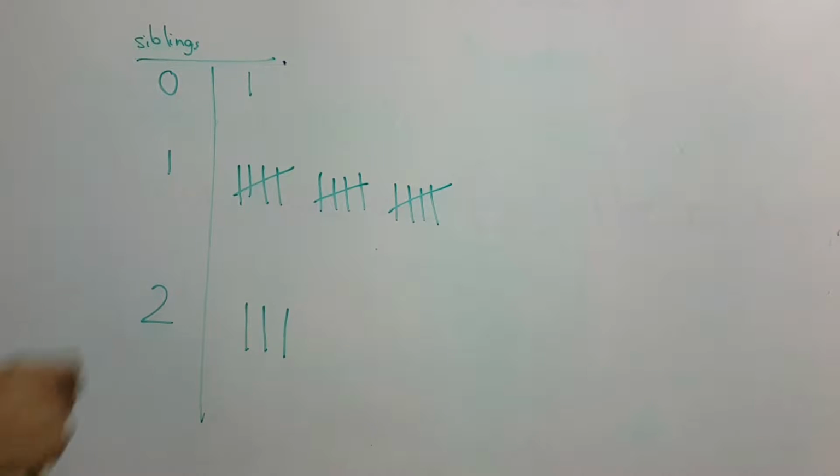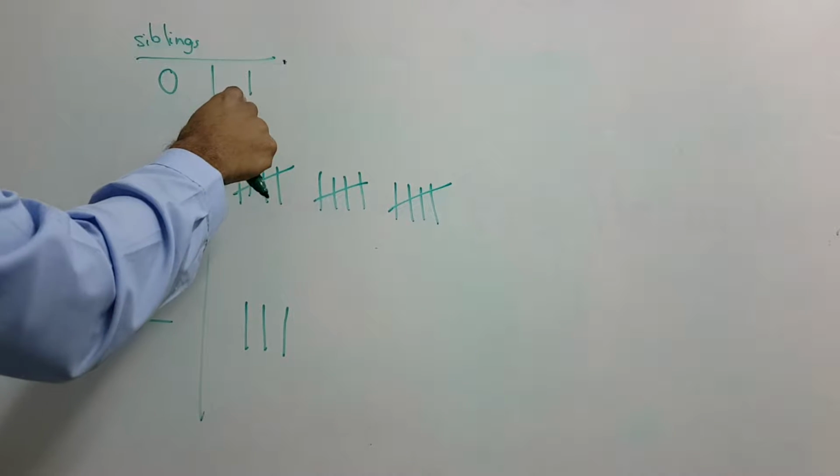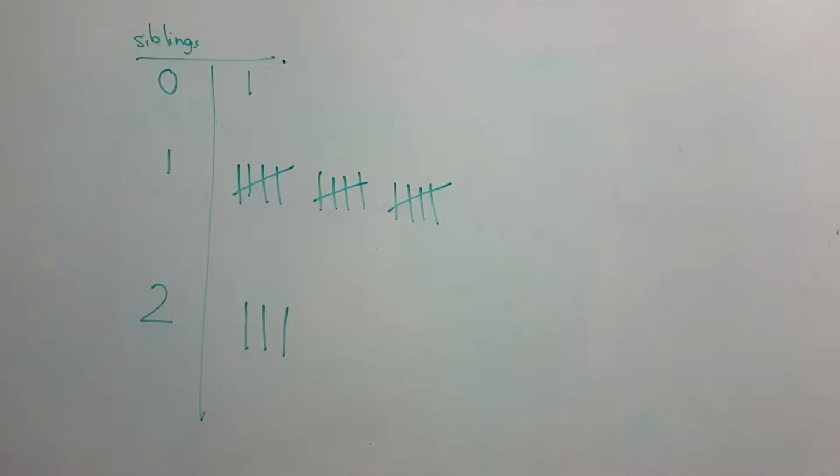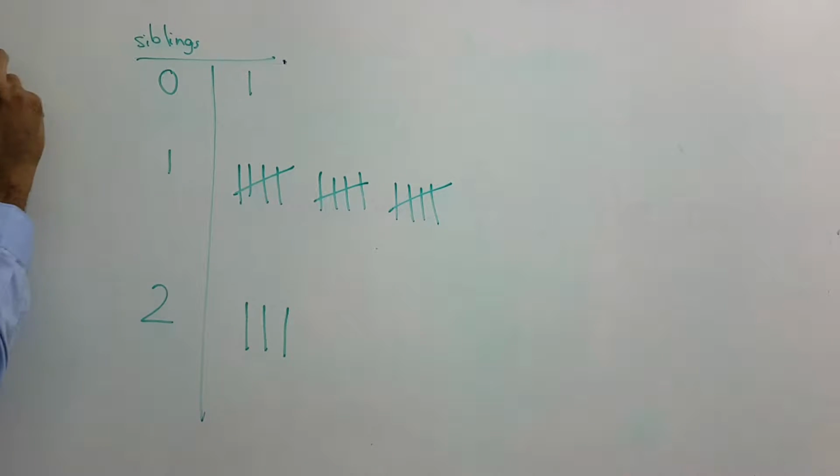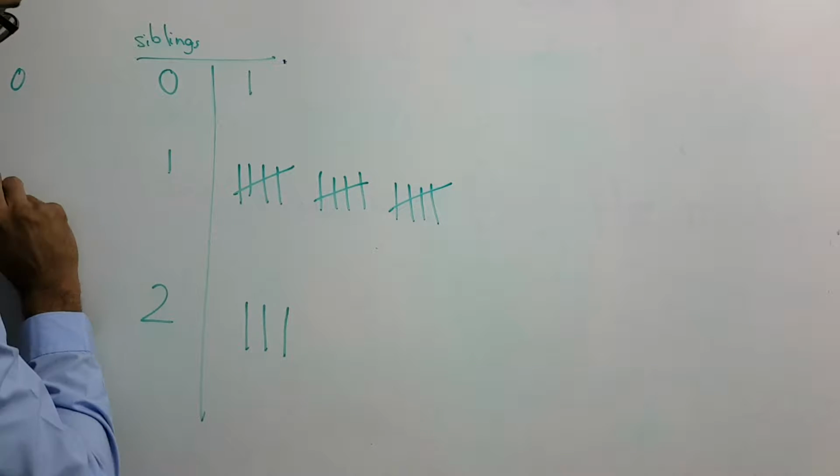So right away, I can find my minimum, and I can find my maximum, and I can find my range. Remember we said, the minimum would be 0. The maximum would be 2.